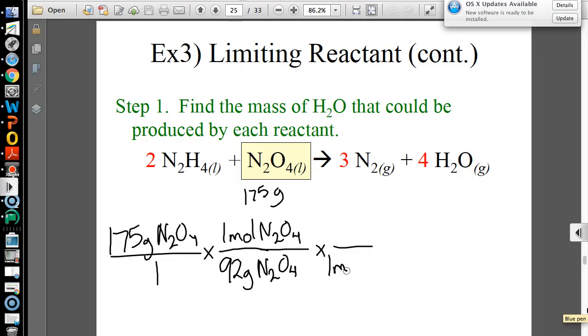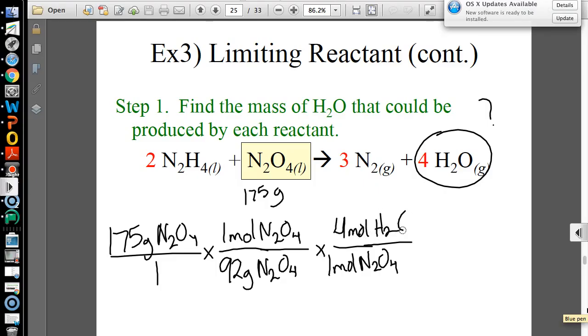So 1 mole of N2O4, and again, this is what I'm trying to figure out, how much water I can make. I have 4 moles of water if I look at my mole ratio. And then this last fraction is going to be the same. So we already did the molar mass. 1 mole of water is 18 grams of water.